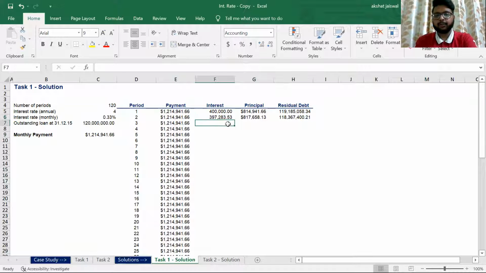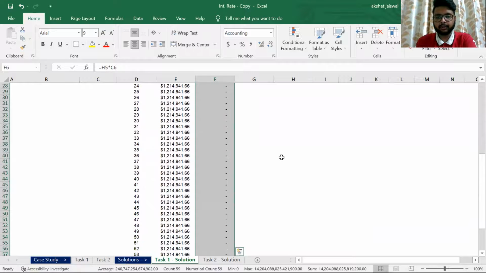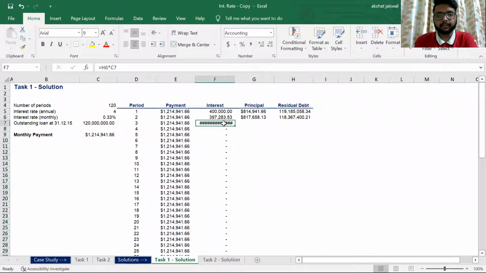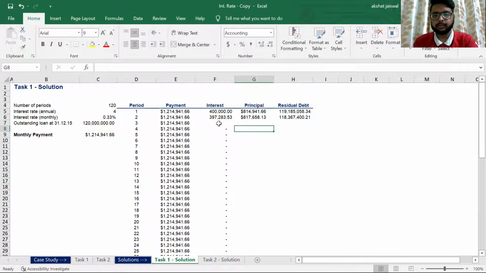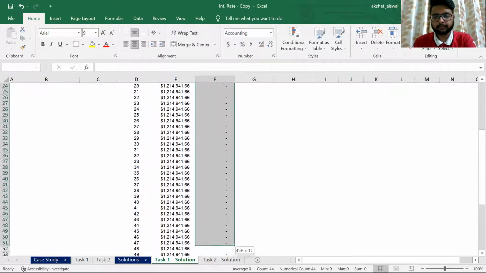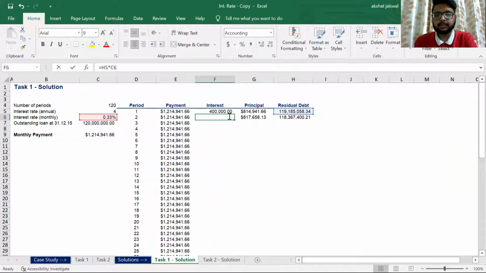But there's one catch. If you add this down, you will get this, which is not a correct figure. Check which cell it is selecting. So it is not correct, right? So what you have to do in this case is make this cell reference C6 constant.